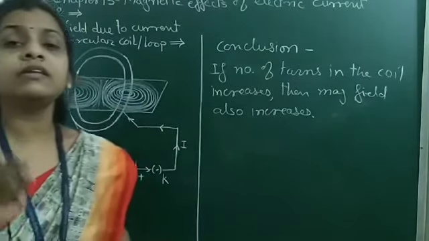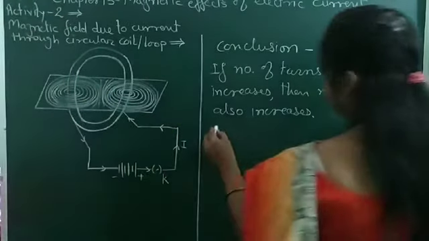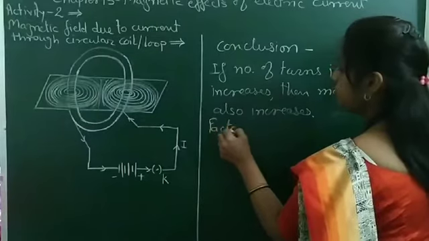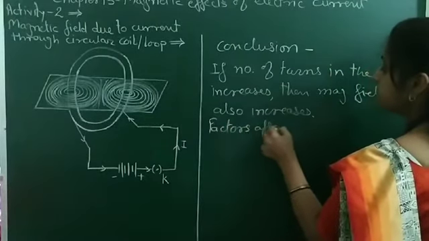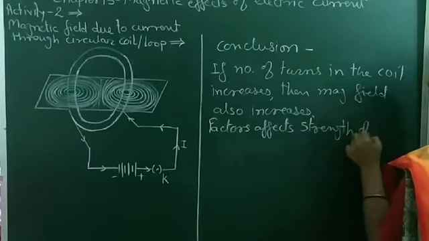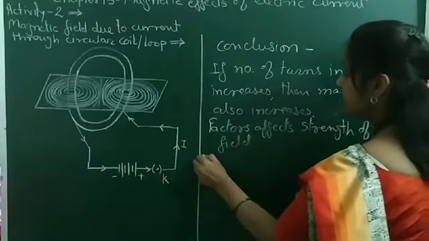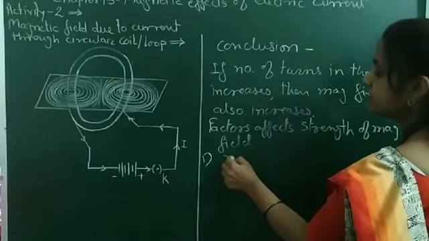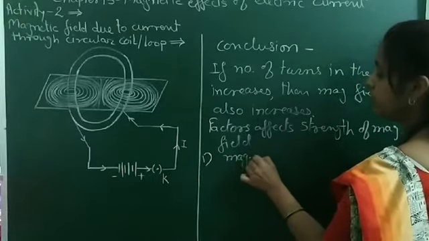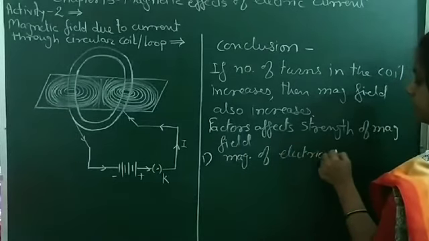So we have three factors which affect the strength of the magnetic field. The first factor is the magnitude of electric current.